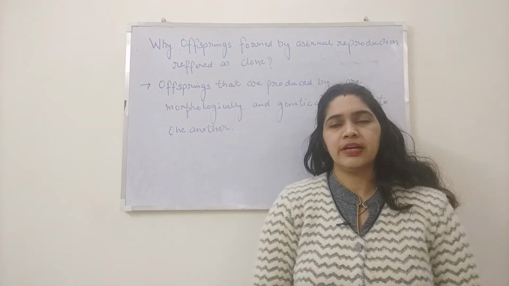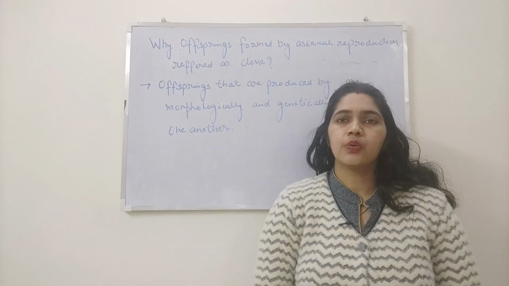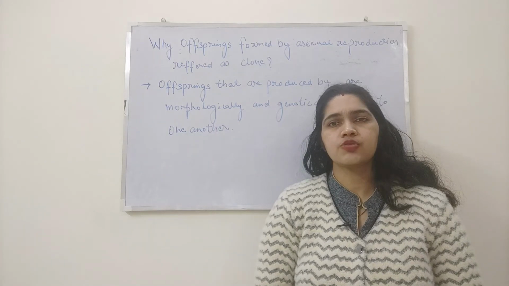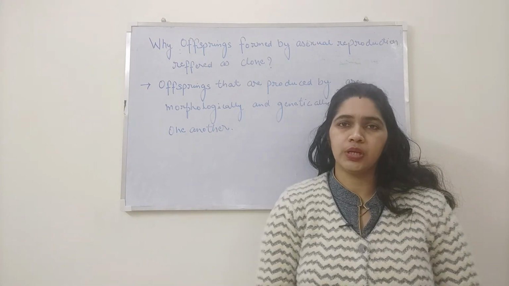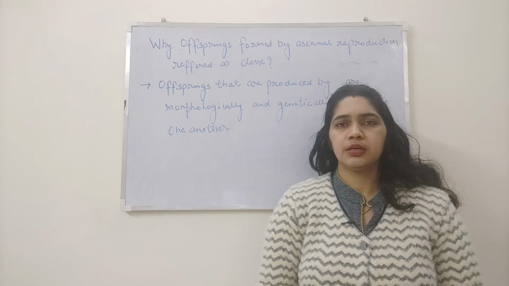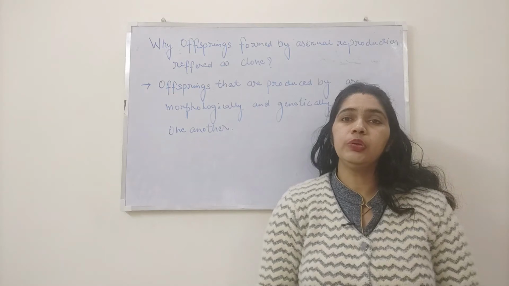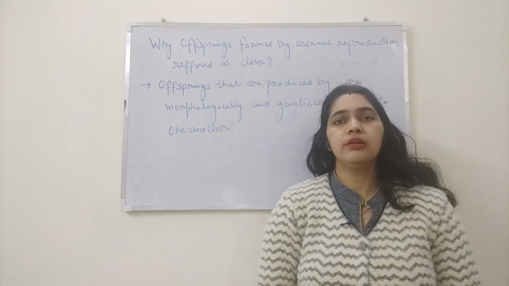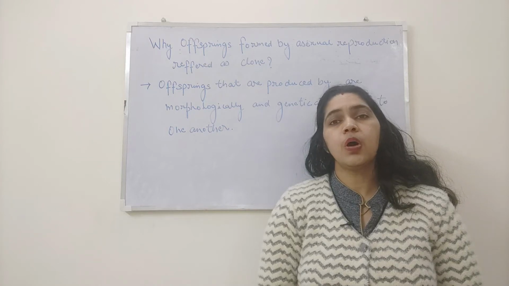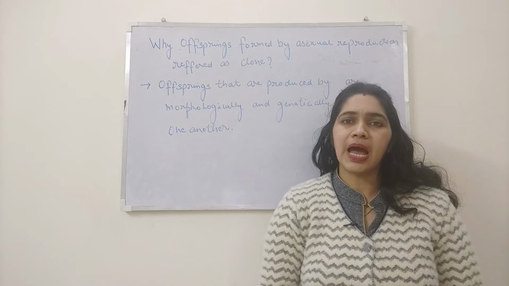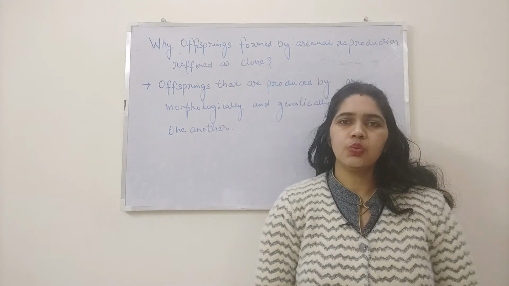After an understanding of the term clone, a question arises: why offsprings that are produced from asexual reproduction are referred as clone? जो भी offsprings asexual reproduction की वजह से produce होते हैं उन्हें clone क्यों कहा जाता है? The reason is that asexual reproduction results in the formation or production of offsprings that are morphologically and genetically similar to one another.